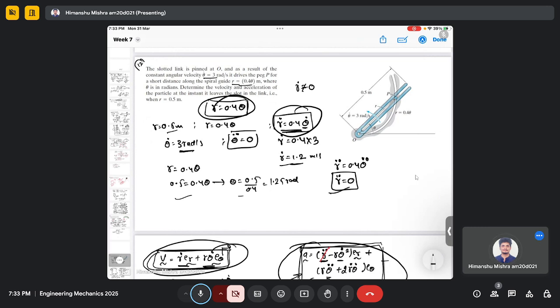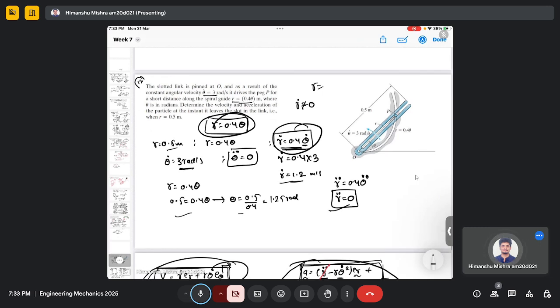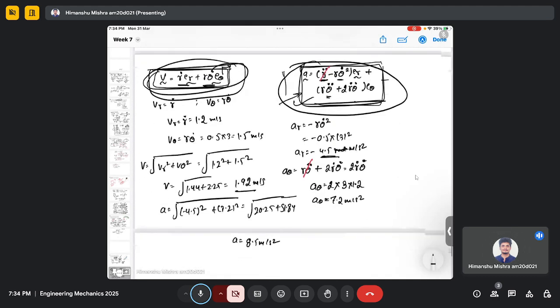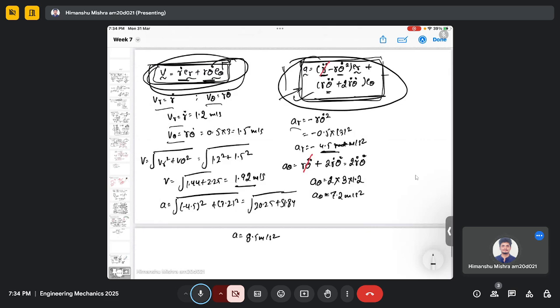In the previous question my r was constant, and therefore my r dot and r double dot were 0, but here r is given as a function of theta, and when you take the time derivative twice, you will have r dot which is 1.2 and r double dot as 0. So this was the only minor difference in this question, and in both questions you use the same expression, identify r dot, theta dot and other quantities to find the components of velocity and acceleration.